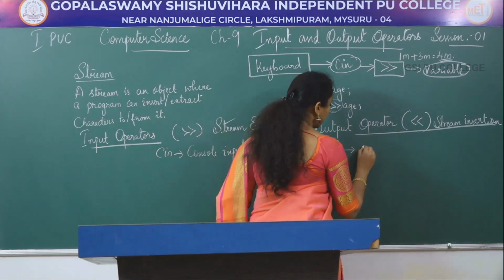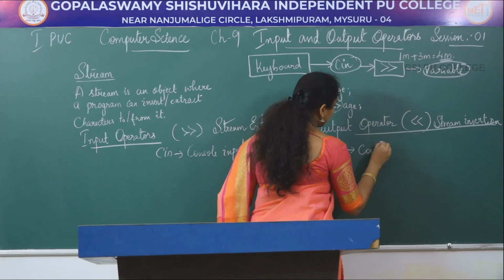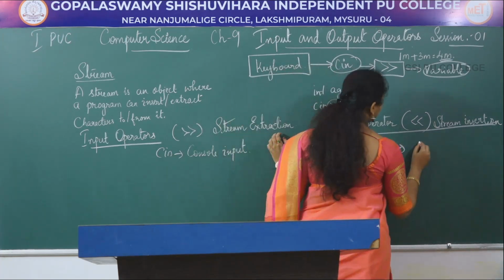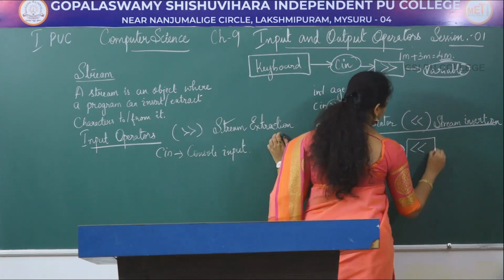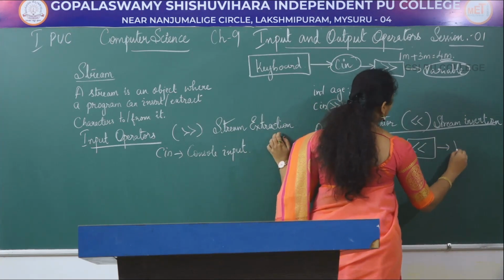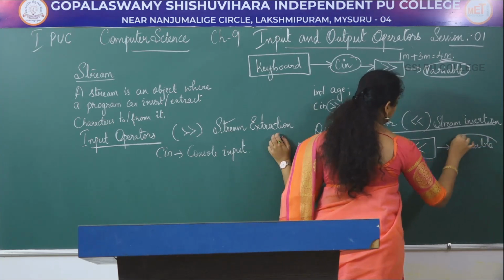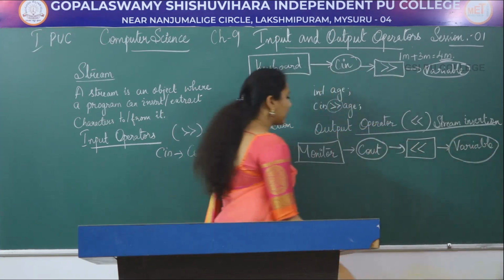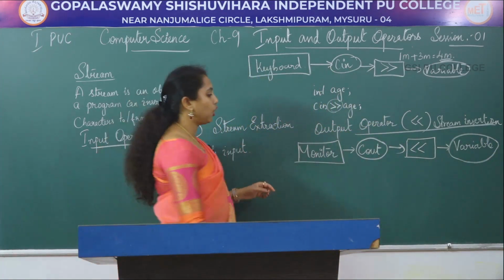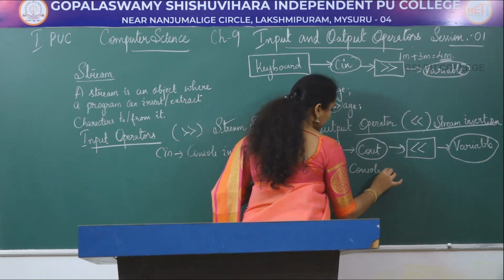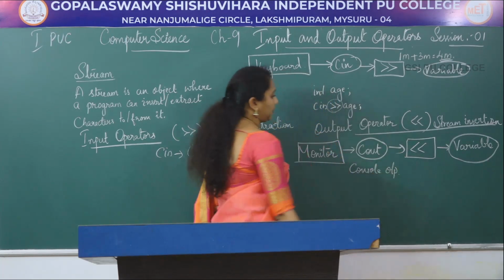It is followed by the cout object, which is followed by the stream insertion operator, followed by a variable. Here cout stands for console output.